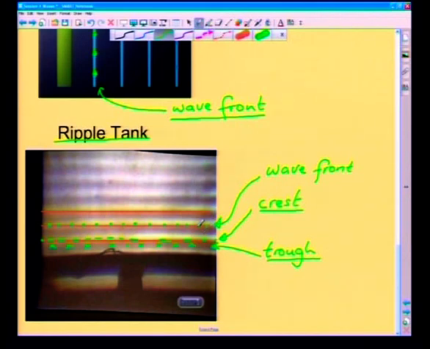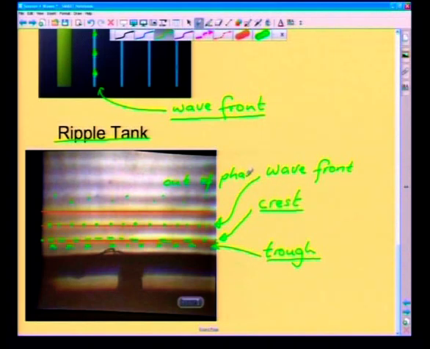Now, this means that we can't have a point there on this wave, and a point here on that wave, point there, point there, and join them and say we have got a wave front. It's not possible because all these points here are not in phase. And when they are not in phase, we say they are out of phase.